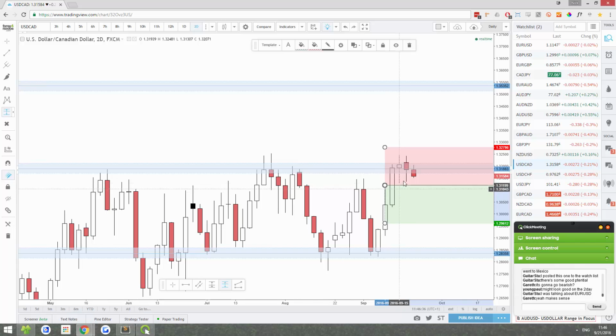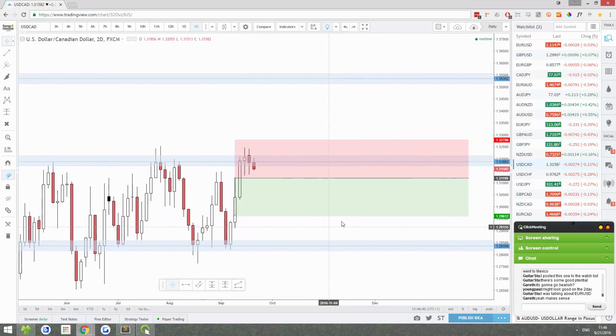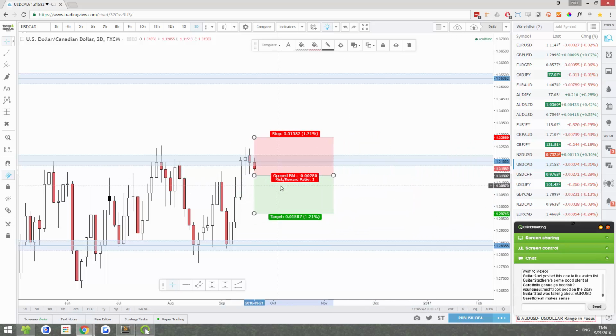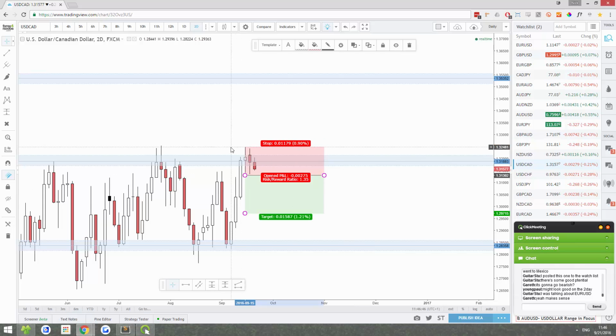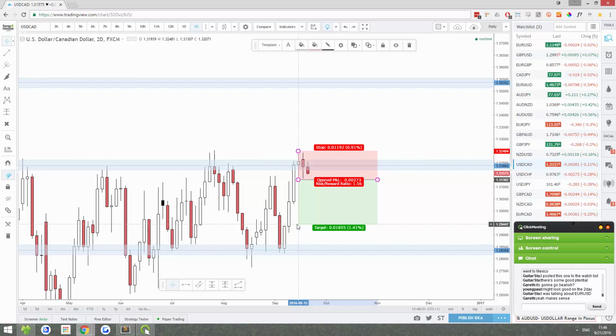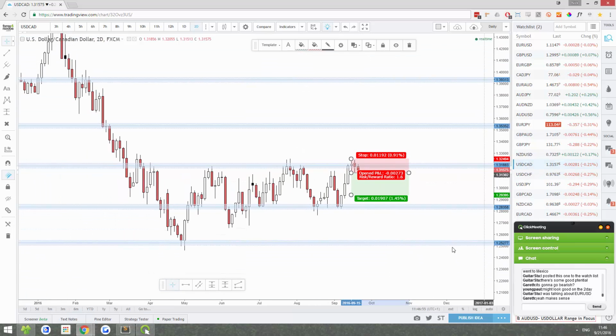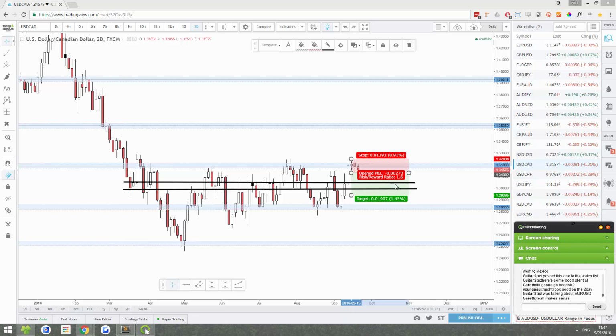Short, there we go. Let's see what it would look like in terms of risk reward ratio. Pretty messy throughout there, let's be honest. There's some minor support resistance in the way.